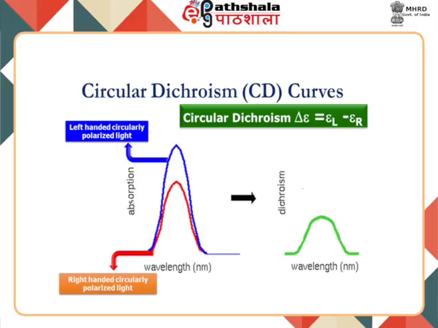The difference between the absorption of left and right handed circularly polarized light is measured as a function of wavelength. CD is measured as a quantity called mean residue ellipticity, whose units are degrees centimeter square per decimole.